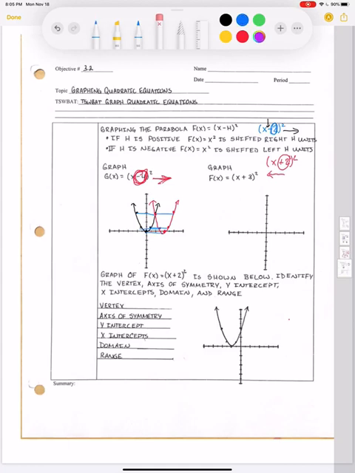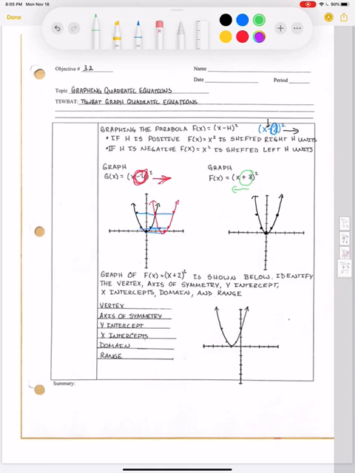Same thing with this f of x equals x plus 3 squared. Okay? My original function. I'm going to move everything, because this is a positive 3, we're moving to the left. We move opposite of what we see.